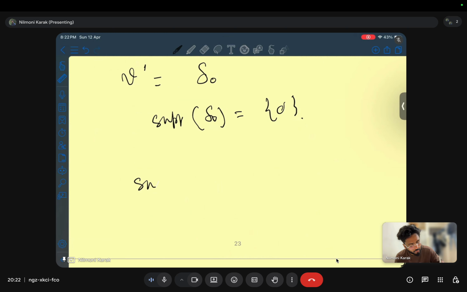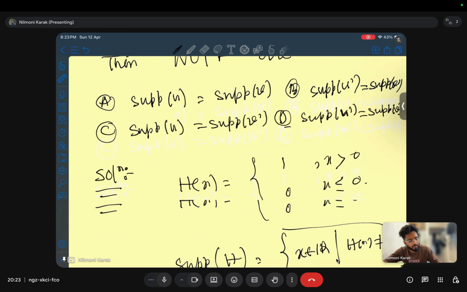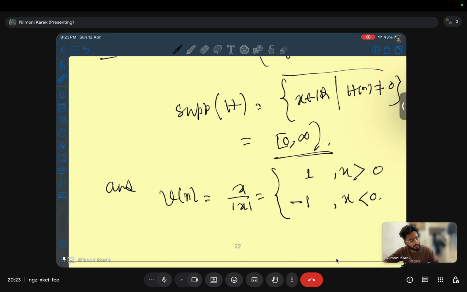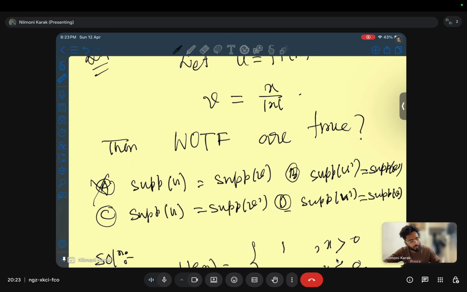So support u dash equals support v dash equals 0. So see, this is 0 to infinity, this is R, so this is wrong.